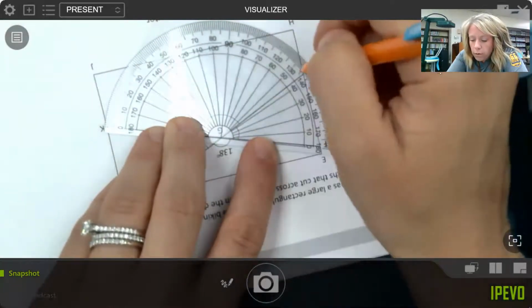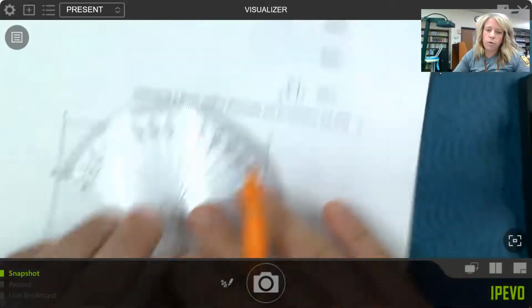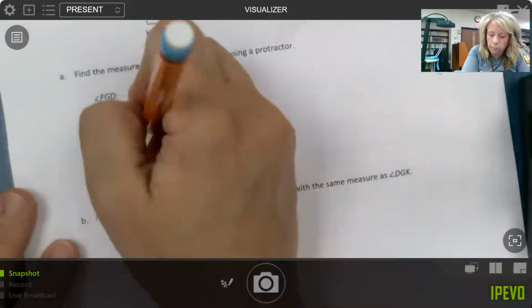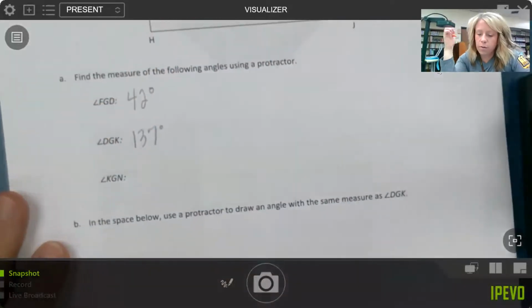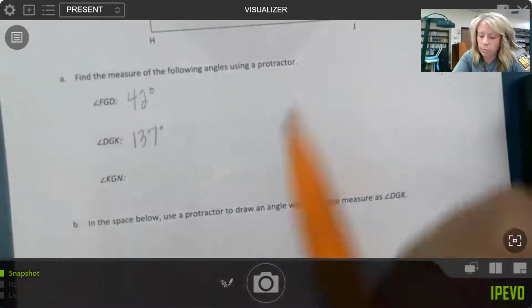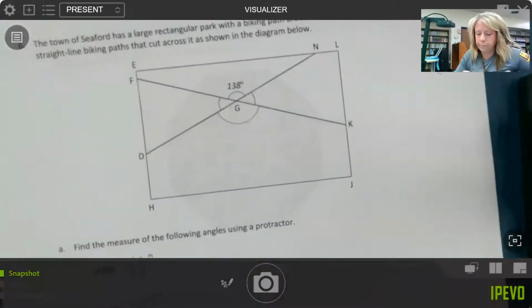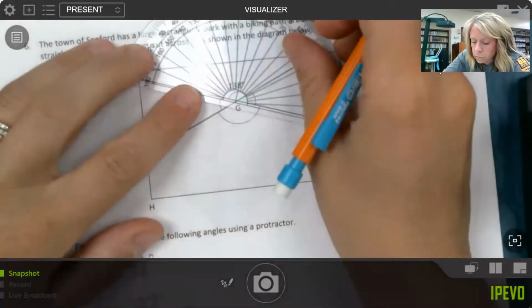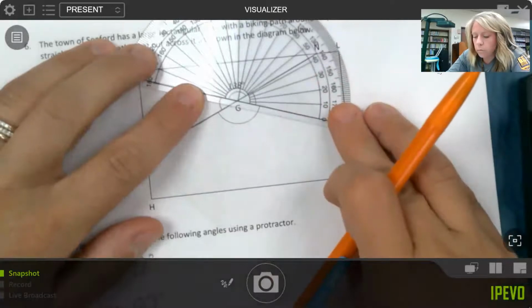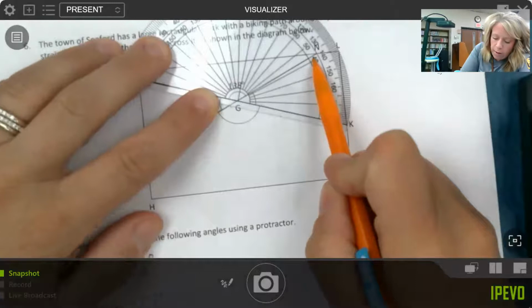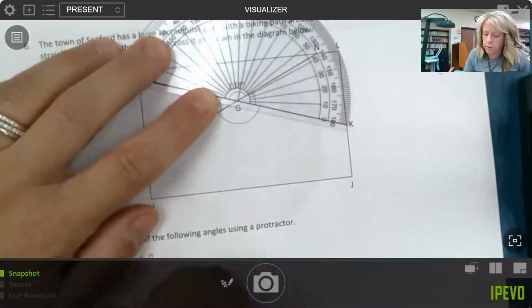So 135, 136, we'll say 137 degrees. And then the last angle is angle KGN. KGN up here. So bigger than 40, almost 45, we'll call that one 44 degrees.